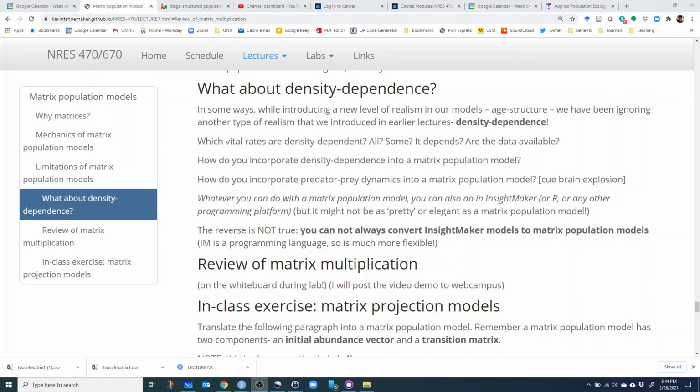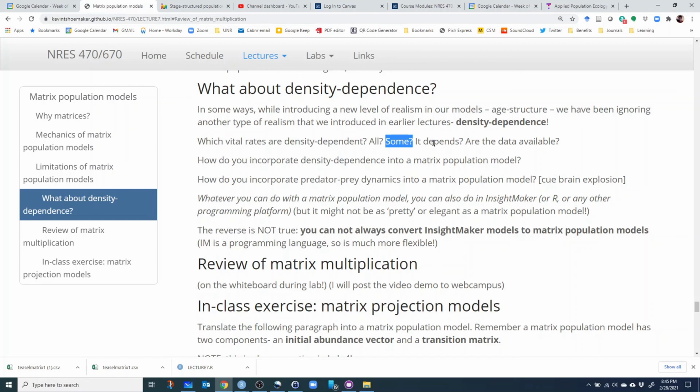There's so many different vital rates, and we have to decide which of those vital rates is density dependent, right? Every one of those vital rates could change as density goes up. Do all of them change? Do some of them change? It depends, and that is the problem. There's too many possibilities. It gets very complicated, but we're applied ecologists, and we always have to deal with complex systems.